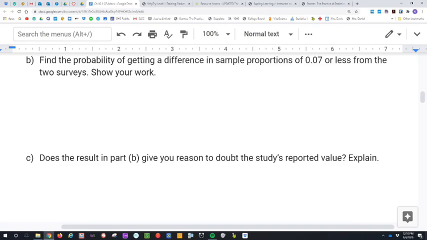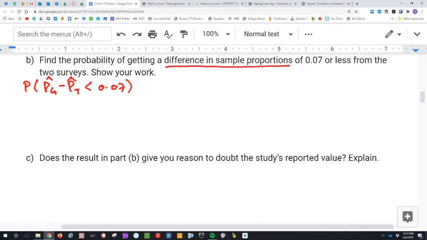When we look at finding the probability, since it's approximately normal because the N times P and N times 1 minus P conditions are satisfied for both populations, we find the probability such that the difference in sample proportion, p hat g minus p hat t, is less than 0.07.